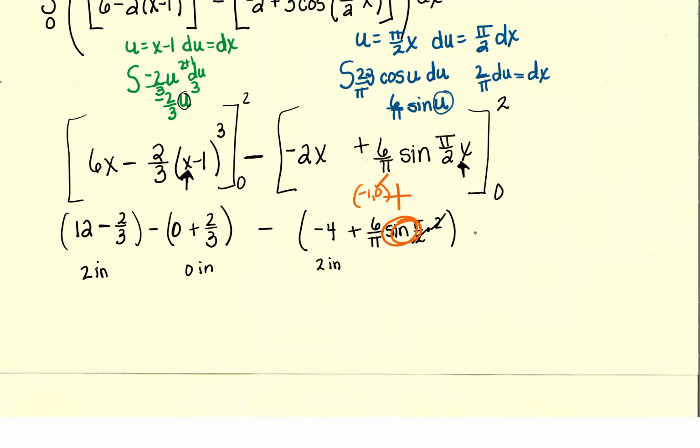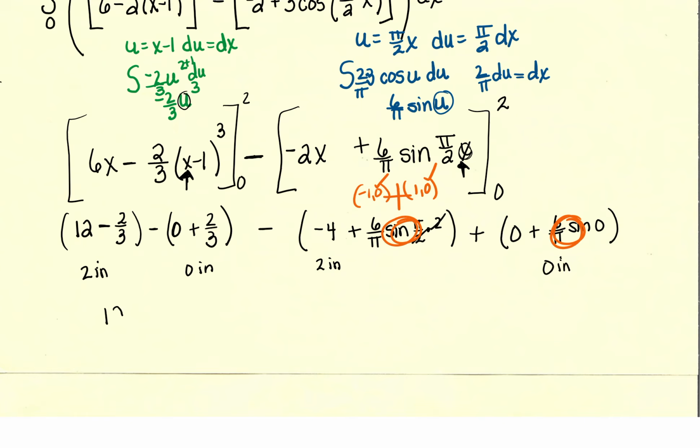And then plus, now let's put the 0 in, and that's going to be 0 plus 6 over pi, the sine. Put a 0 right there, and you have the sine of 0. Well, the sine of 0 is also going to be 0 right there. So that's me putting my 2 in, my 0 in, my 2 in, my 0 in.